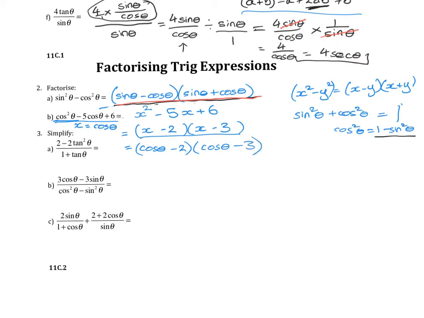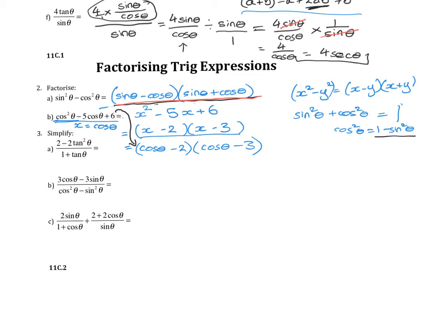And that's my final answer. Now, some people could go straight from there to the last line, and that's absolutely fine. But use the substitution if that's going to help you identify what to do.